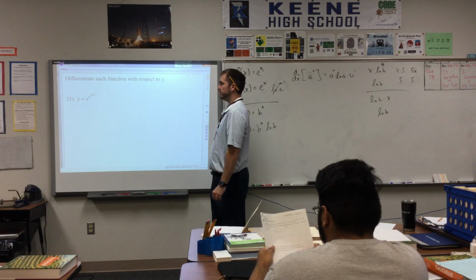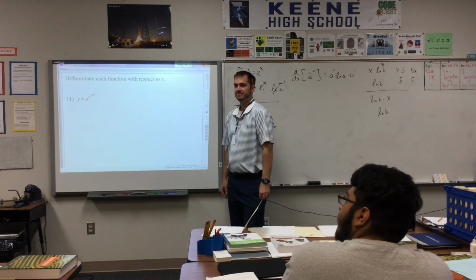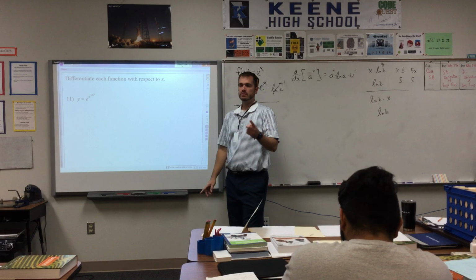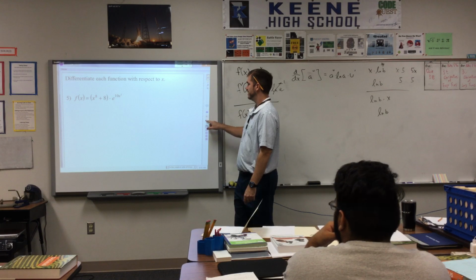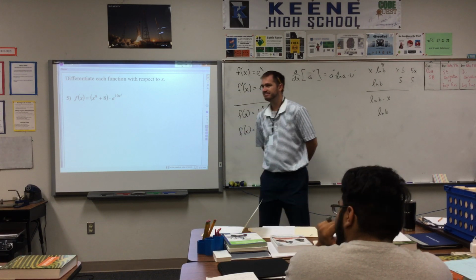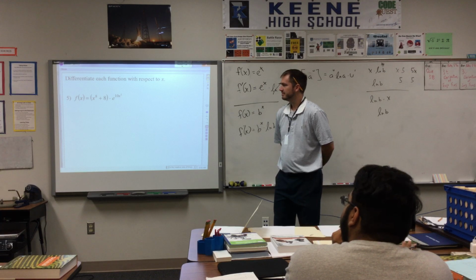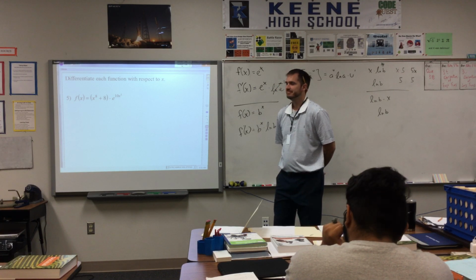All right, we're going to do one or two more and then I need to show you how to do the derivative of logarithms. I want one more question. When you look at that, what are you thinking? Take the derivative of the first, and then you take the derivative of e to the x to the 10.